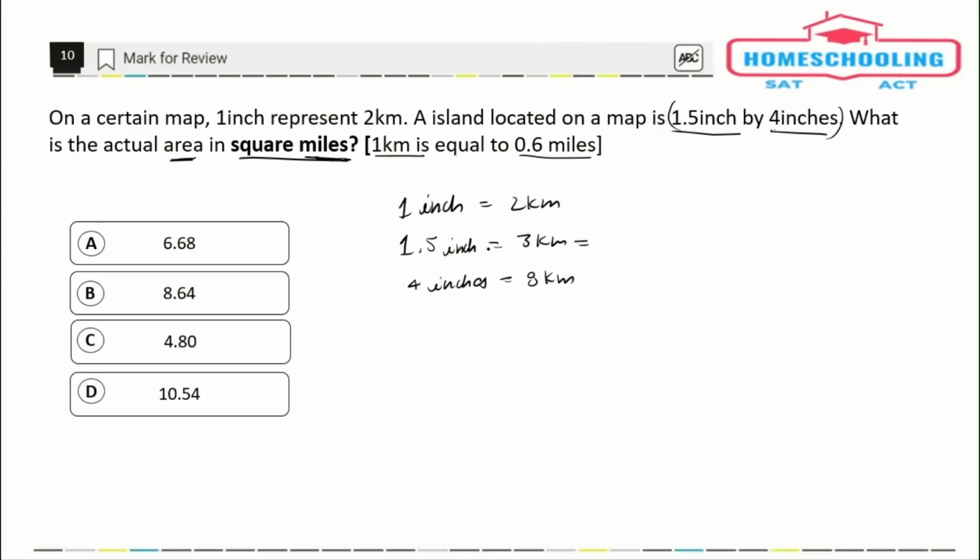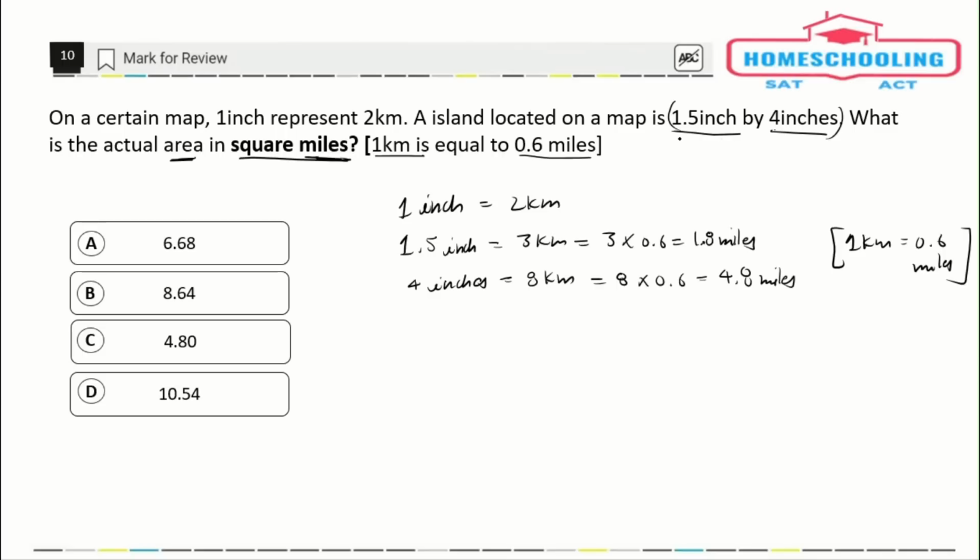So if we convert 3 kilometers into miles, we do 3 into 0.6, that is 1.8 miles. And similarly, to convert 8 kilometers into miles, 8 into 0.6 is 4.8 miles, because 1 kilometer is equal to 0.6 miles.